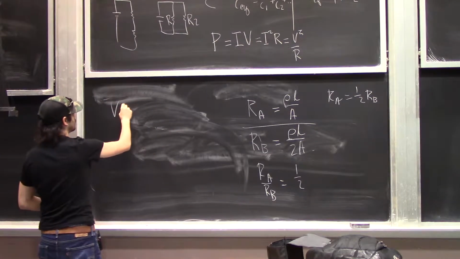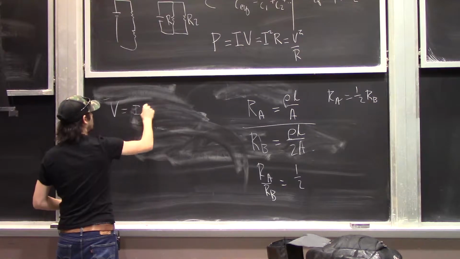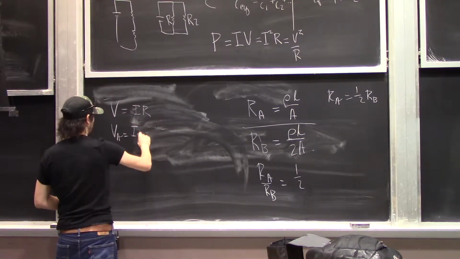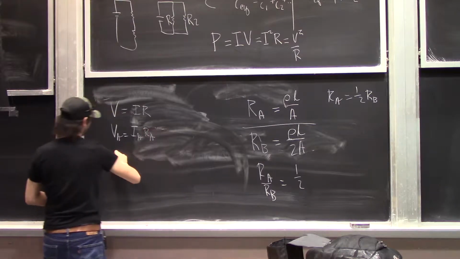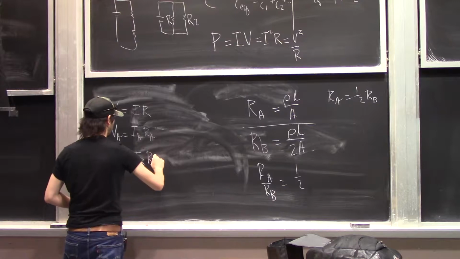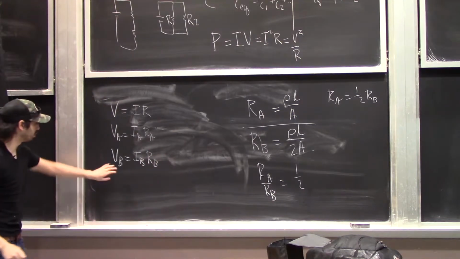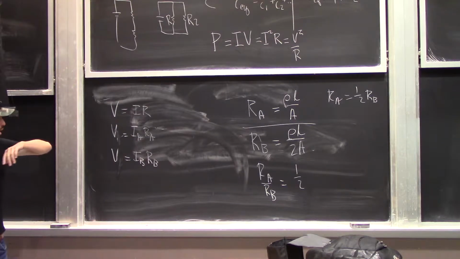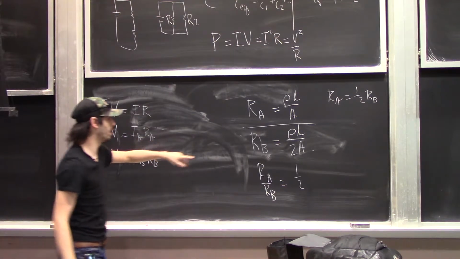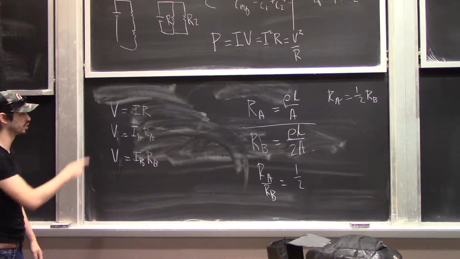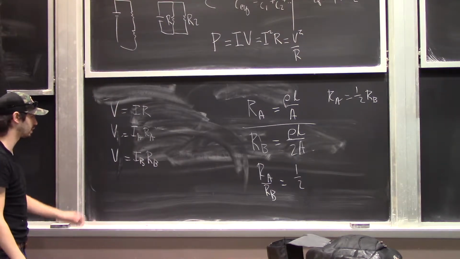Now, in order to find the currents, I have two separate equations for the voltage, right? So V is equal to IR, but really this is VA equals IA RA, and we have a second one, VB equals IB RB, okay? Now, both of these voltages are the same, right? Now let's plug in what our resistances are, both in terms of RA, let's say.